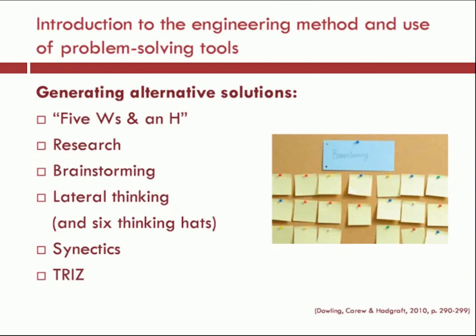The next 4 points, those of brainstorming, lateral thinking, synectics, and TRIZ, are really all variations of brainstorming, creative thinking approaches. So we kick off with brainstorming. That speaks to the need to generate ideas around the problem without evaluation, without judgment, get as many ideas up there as we can to help us get some creative connections to come up with better solutions.